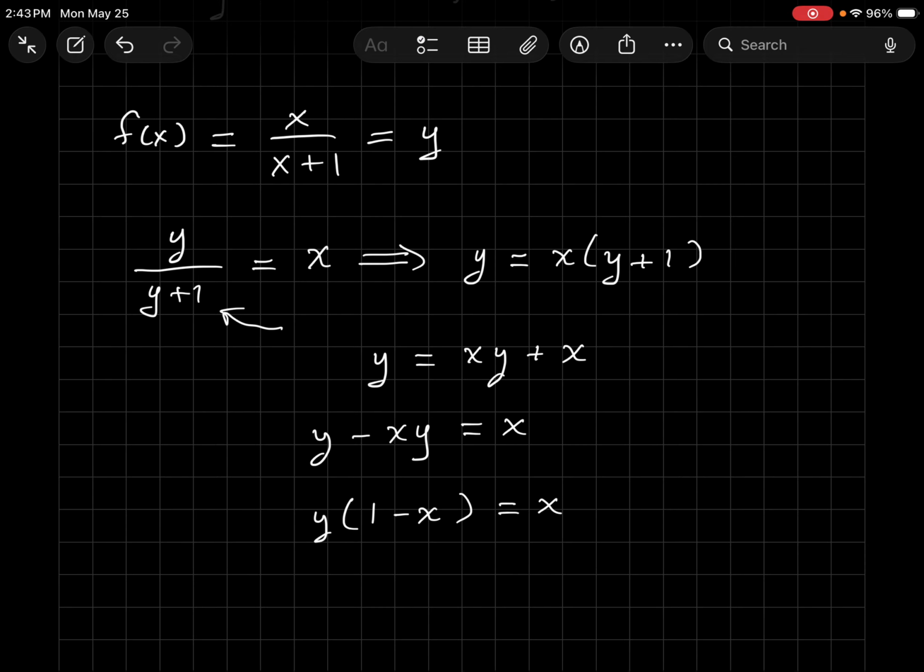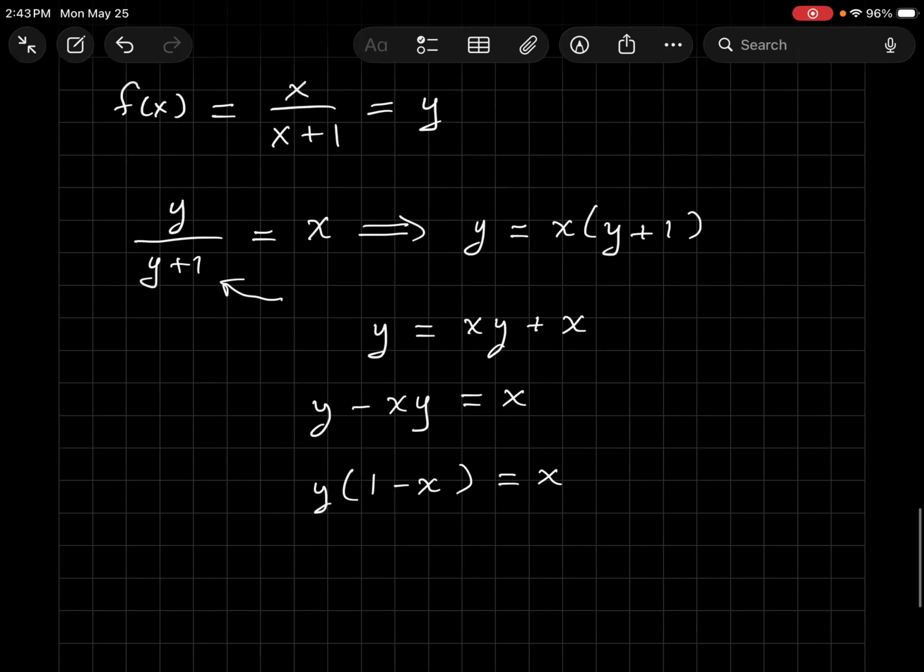And then when I do that, even if I wasn't sure why I was doing it, I see that in the next step, I can get my y alone, simply by dividing both sides by 1 minus x. And recall, of course, that this y is really my y inverse or my inverse of f.